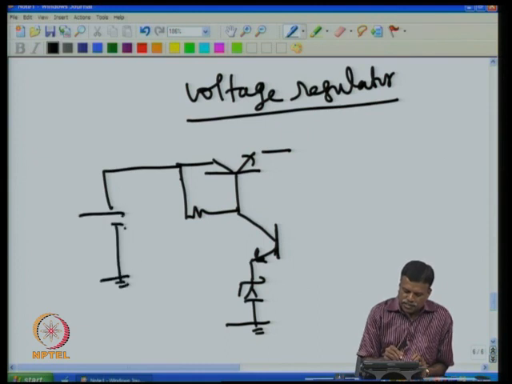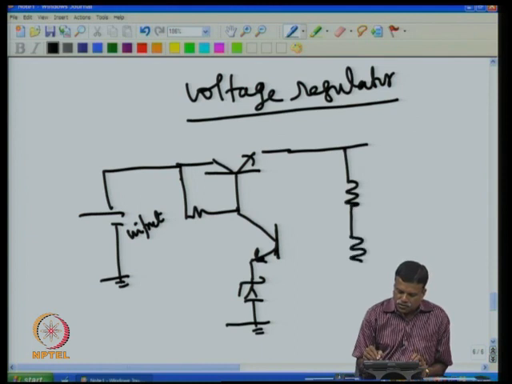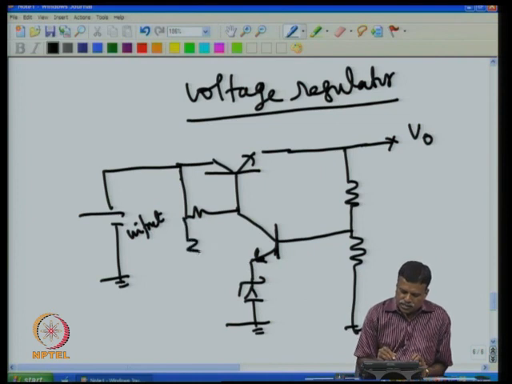This is the unregulated input, and then I have these two resistors connected to this, and that is the regulated output. So V0 is the regulated output, and then to bias this, another resistance is put here.